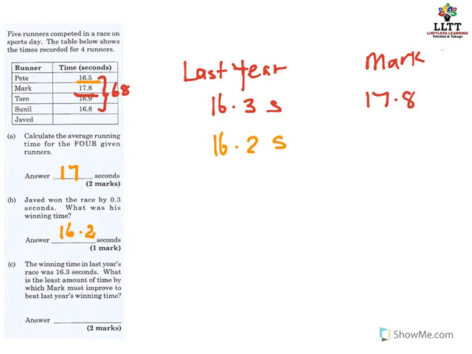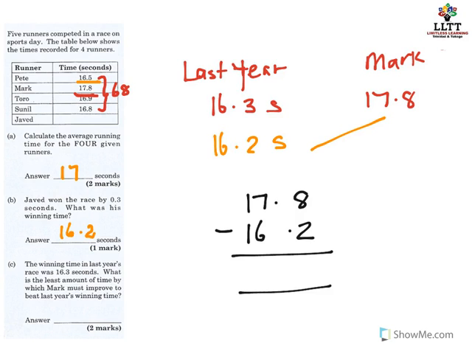So the difference between 17.8 and 16.2 will be the least amount of time by which Mark must improve to beat last year's winning time. So we do 17.8 minus 16.2. 8 minus 2 is going to give us 6.